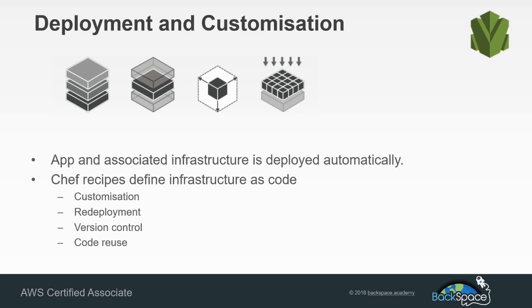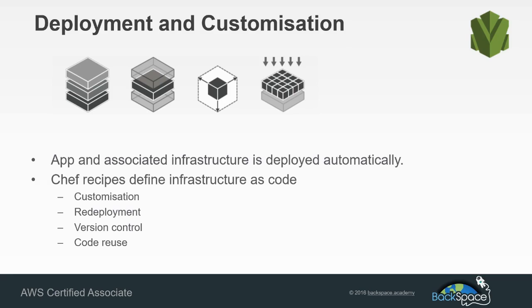So once we've got those layers and our stack, we can then look at deployment and customization. Our app and its associated infrastructure that is needed for that app to run will be deployed automatically through OpsWorks. And our Chef recipes define our infrastructure as code.